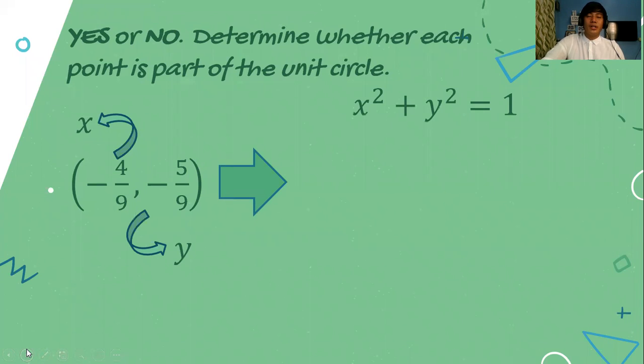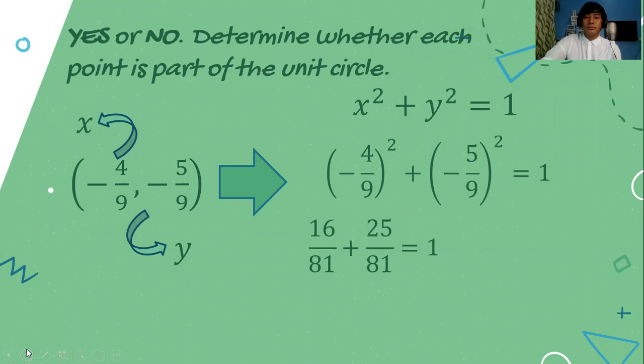Again, use the equation of a unit circle. So we'll have the square of 4 is 16, the square of 9 is 81. And even if you square a negative number, it will still be positive. The square of 5 is 25, and the square of 9 is 81. So we'll have 16 over 81 plus 25 over 81.